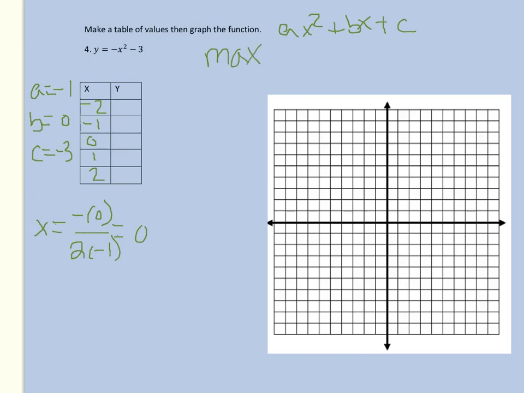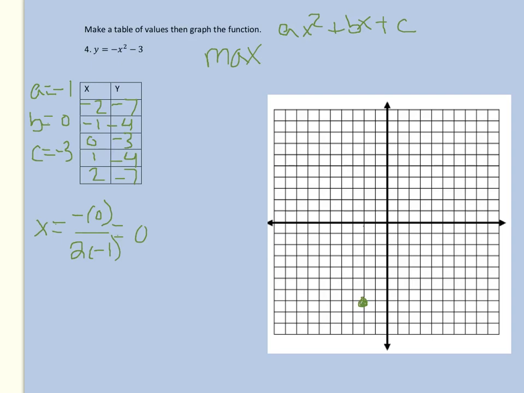Okay, so now let's plug it in. You plug in -2, you get -7. You plug in -1, you get -4. Plug in 0, you get -3. Plug in 1, you get -4. Plug in 2, you get -7. So at -2, go down 7.